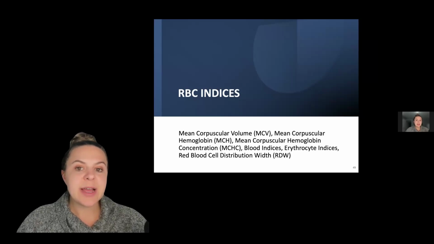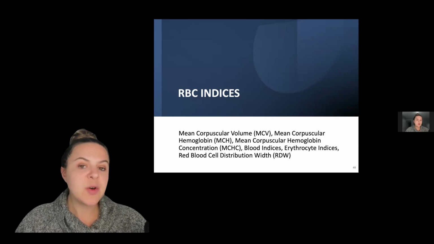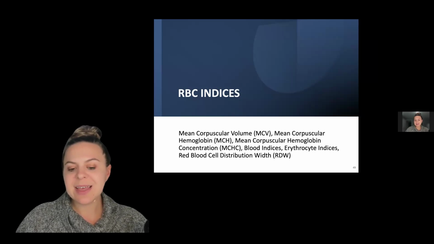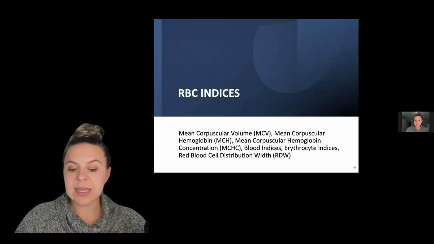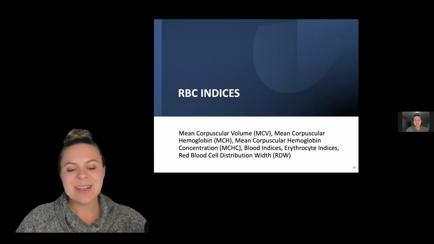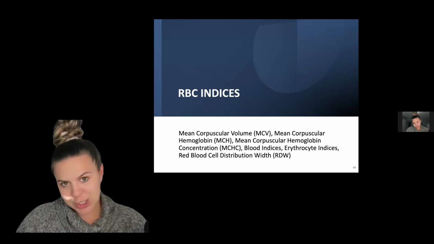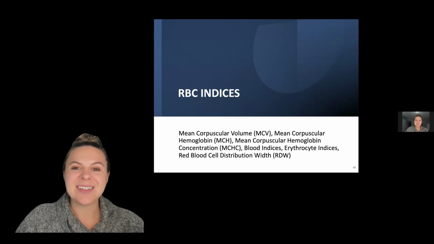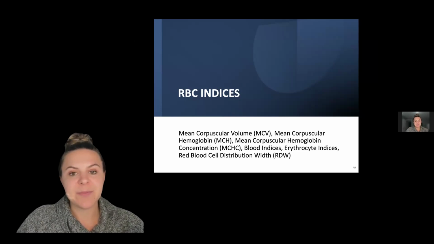Finally, we turn to the red blood cell indices, which help us go beyond just counting cells, as these indices describe red cell size and hemoglobin content. They are essential for classifying types of anemia. They include mean corpuscular volume, MCV, mean corpuscular hemoglobin, MCH, mean corpuscular hemoglobin concentration, MCHC, and red cell distribution width, or RDW.